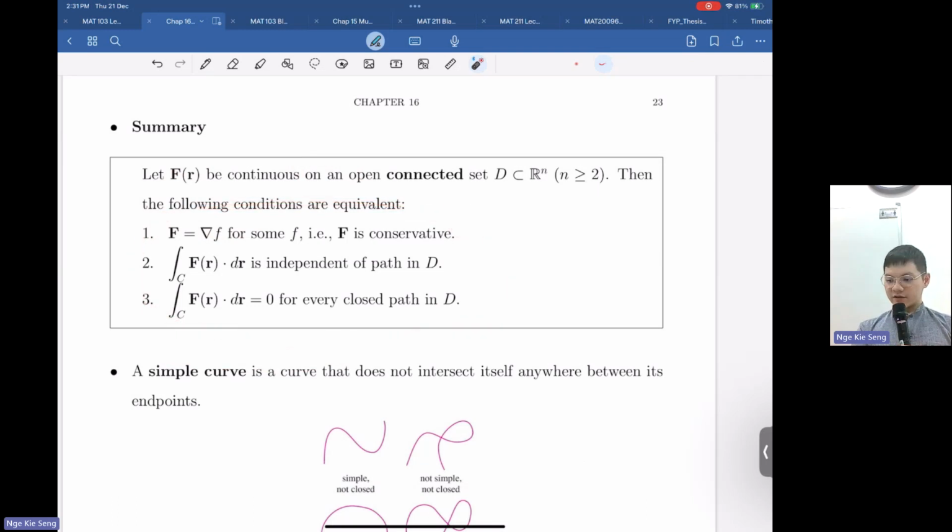If your vector field is conservative, then the line integral is independent of path, and the line integral over a closed path is always 0. I think we will use it again. Physicists are interested in conservative vector fields because energy is conserved under this vector field.